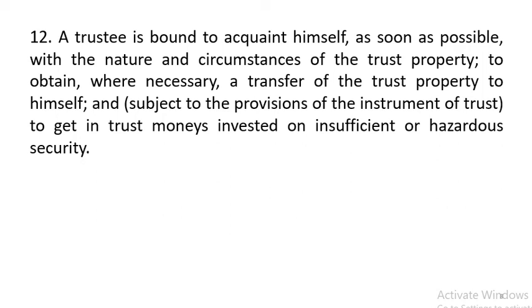Then there is a mandatory obligation on the trustee to get the trust property. First of all, he must ask the person to convey the property to his name. If he fails, without waiting for a long time, without any unreasonable delay, he must file an action in the court of law.